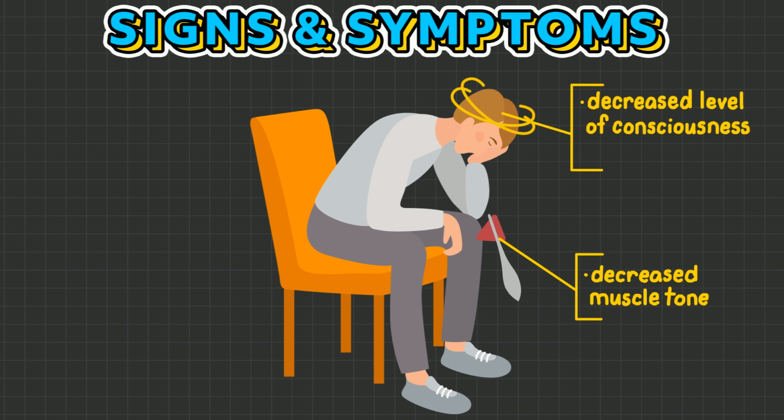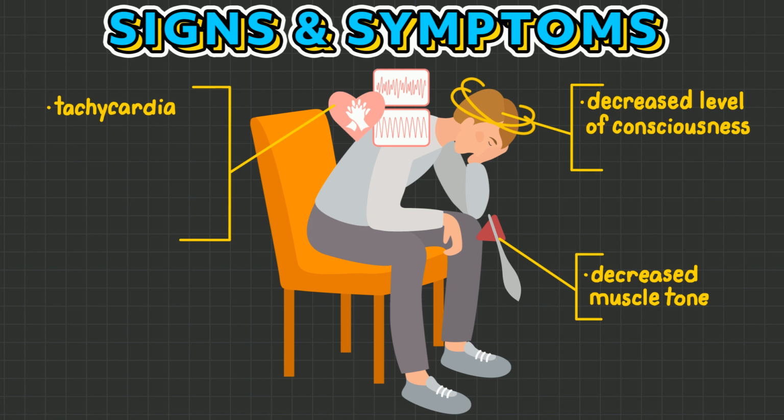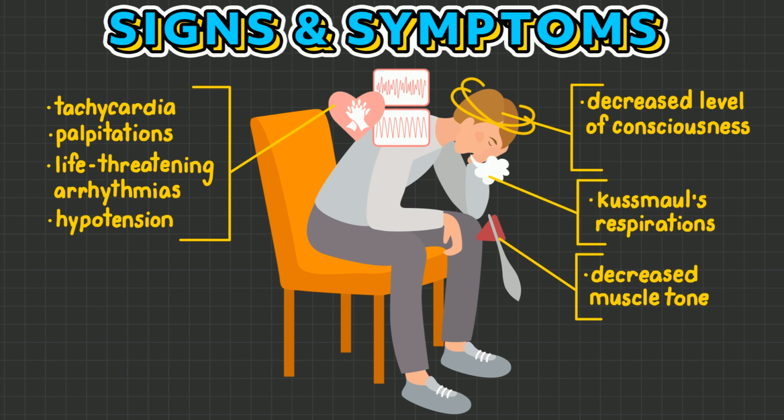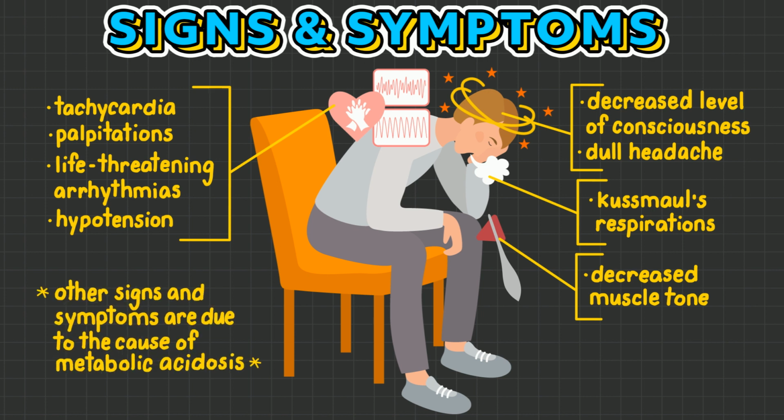Cardiac signs and symptoms include tachycardia, palpitations, life-threatening arrhythmias, and hypotension. Respiratory signs and symptoms include Kussmaul respirations. And finally, a dull headache may be present due to cerebral vasodilation, a result of acidic blood pH. Other signs and symptoms that may present are due to the cause of metabolic acidosis.